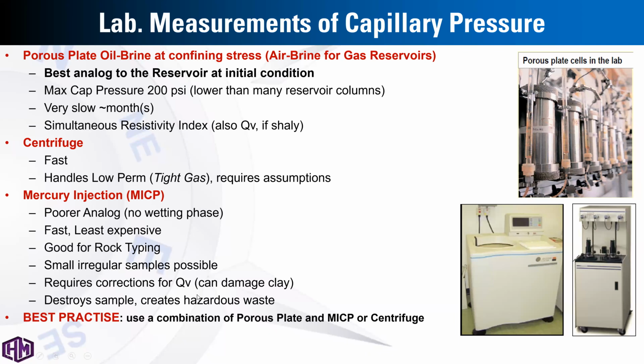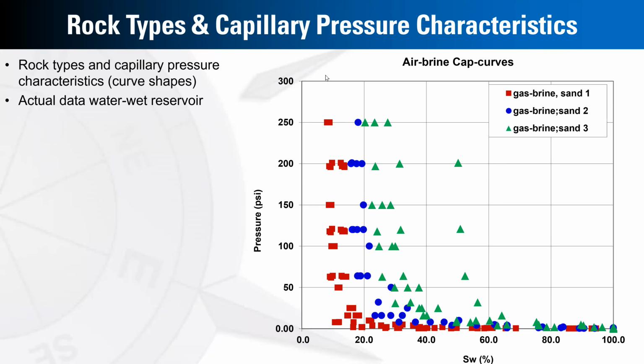But the best practice for capillary pressure measurements is to use a combination of the porous plate, which is a very accurate measurement and the best analog to reservoir conditions, and other techniques like centrifuge or mercury injection. So this is the capillary pressure data, as you can see, for different rock types.